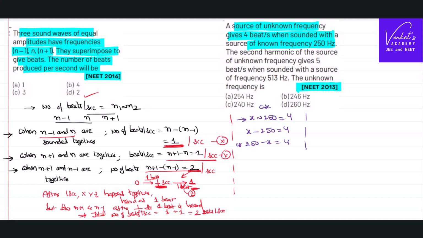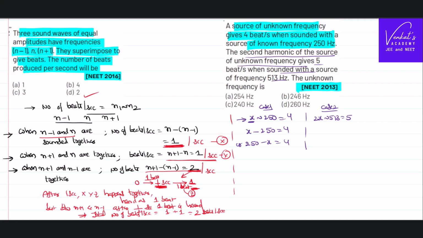This is all case 1. Let's add case 2 of the problem. What it says is, the second harmonic of the source of unknown frequency. I have considered the unknown frequency as x. The second harmonic of that becomes 2x. When sounded with 513 it gives 5 beats. So the difference of 2x and 513 is equal to 5.